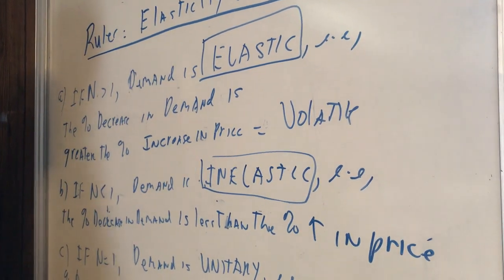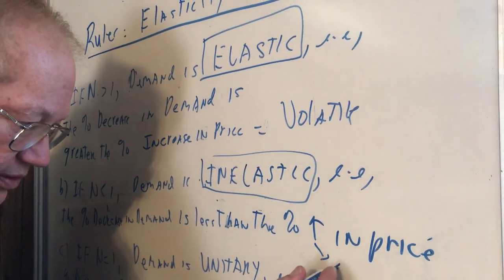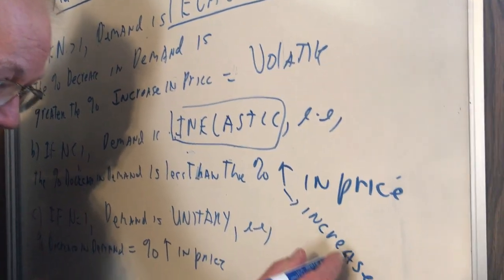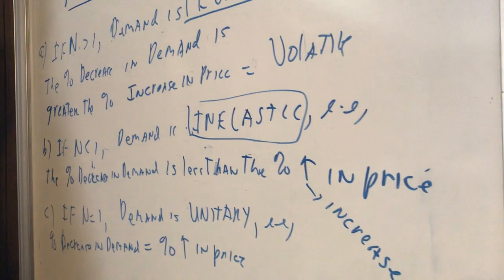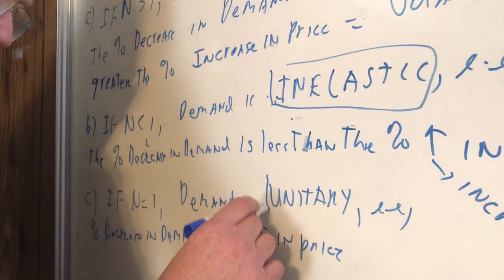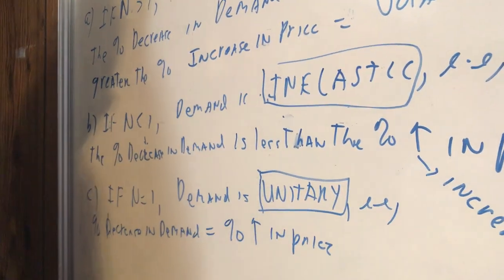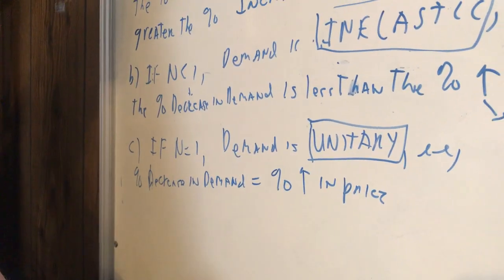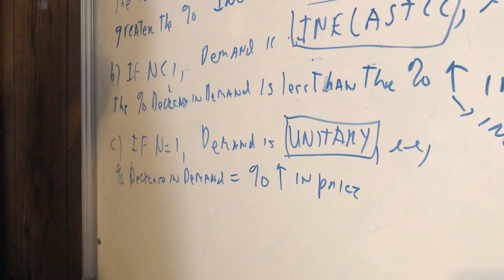Arrow up means increase, so this means increase. Here we're increasing the price. We'll worry about what happens. And if N equals 1, we call that unitary demand, which means the percent decrease in demand equals the percent increase in price. So they follow each other.